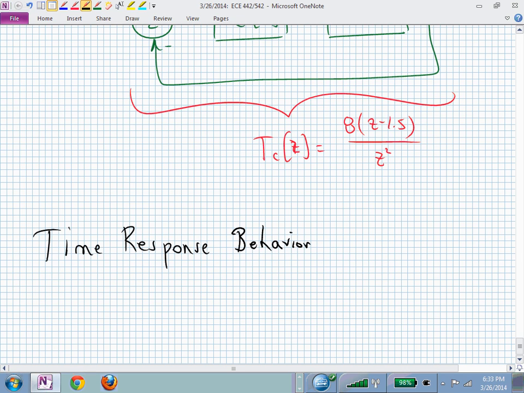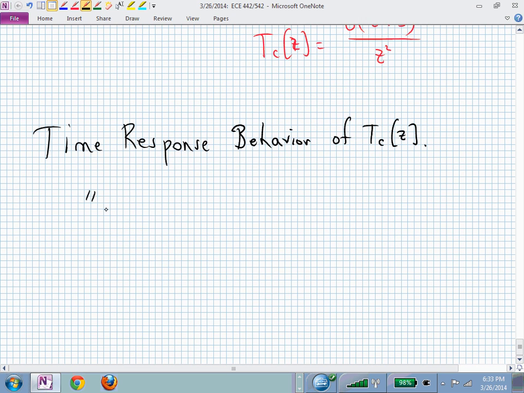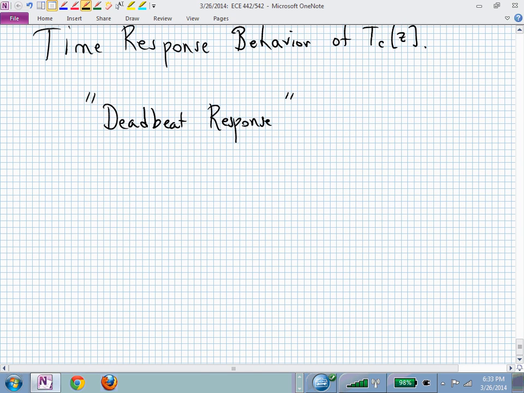So, time response behavior of T sub C of Z. And we know, if our analysis and our work is correct, we better end up with a deadbeat response, whatever that means.